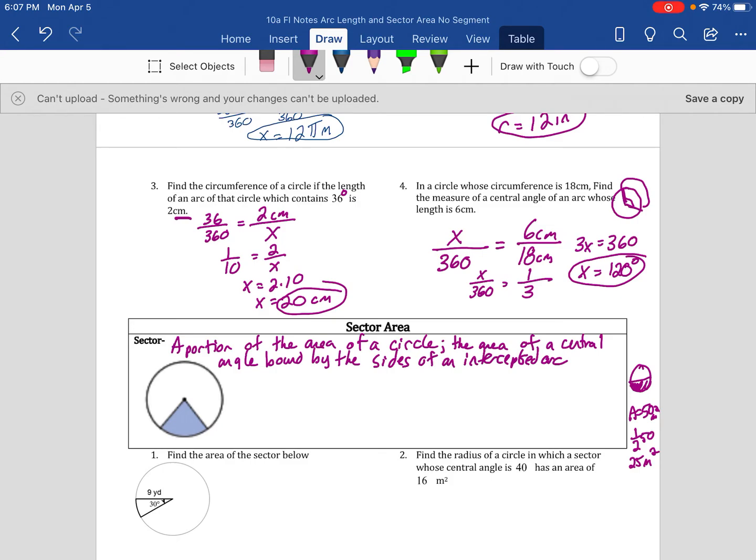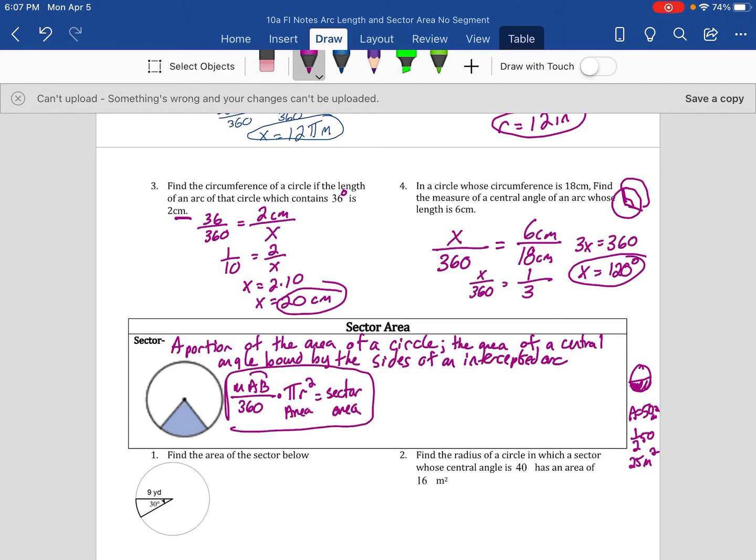So you have a formula. It could be the measure of the arc over 360 times, in this case, pi r squared, the area, is equal to the sector area. Okay, I prefer to do a proportion.